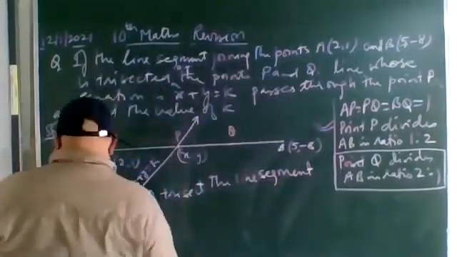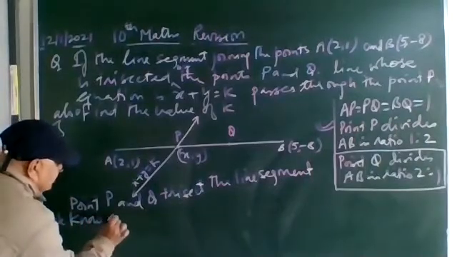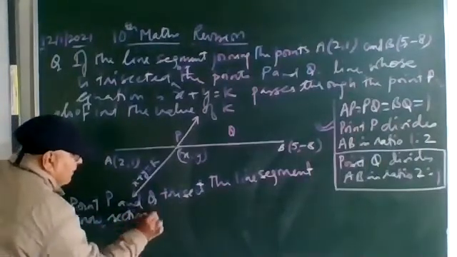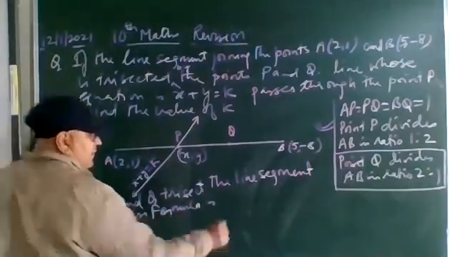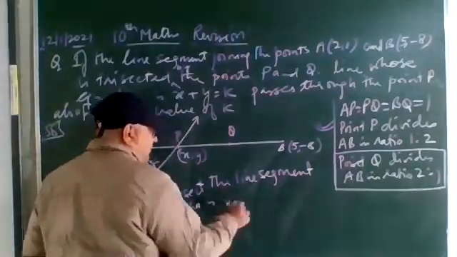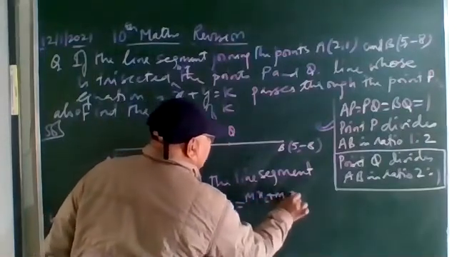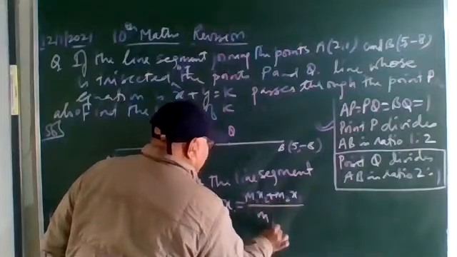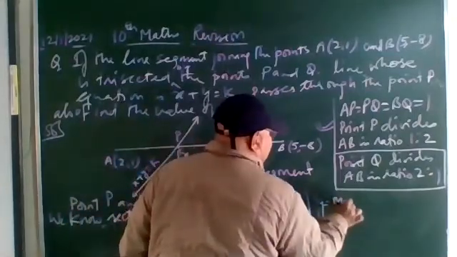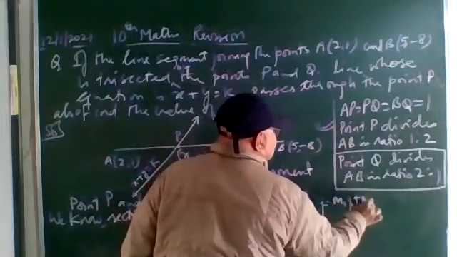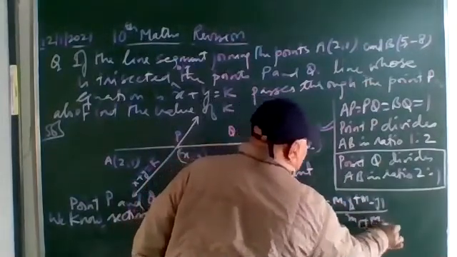We know the section formula is x equals (m1 x2 plus m2 x1) upon (m1 plus m2), and y equals (m1 y2 plus m2 y1) upon (m1 plus m2).